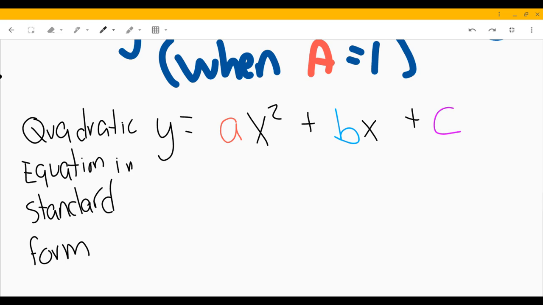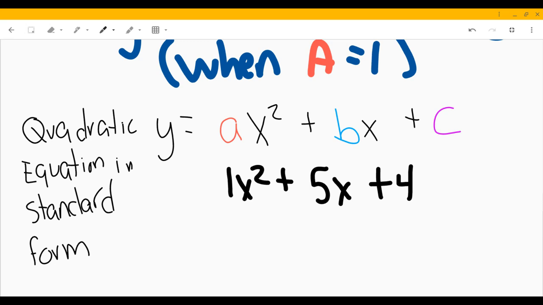So some examples of these would be 1x squared plus 5x plus 4, where our a value is the coefficient next to the x squared.